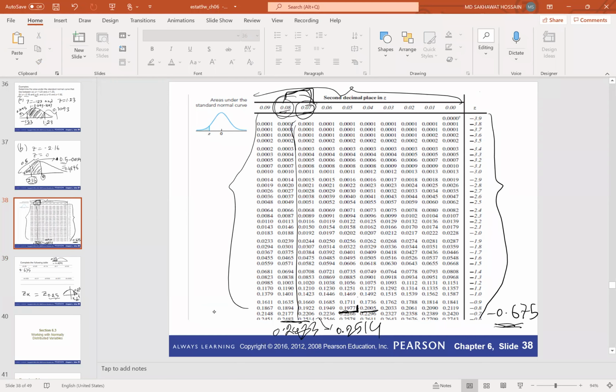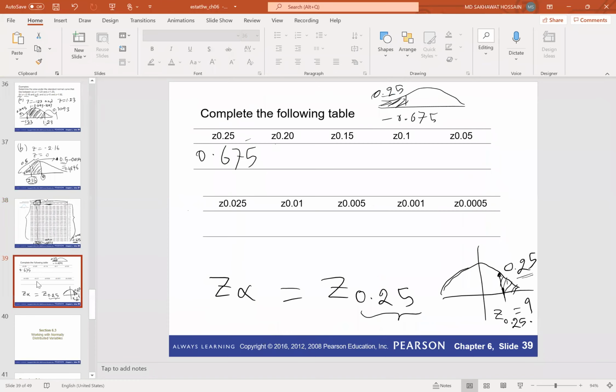So the z-score will be negative 0.8 and the average of these two digits, 0.05 and 0.04, which is 0.045. So this z-score will be negative 0.845. But we are looking at the area on the left, and we have to find the z-score where the area is on the right. So it will be positive 0.845.